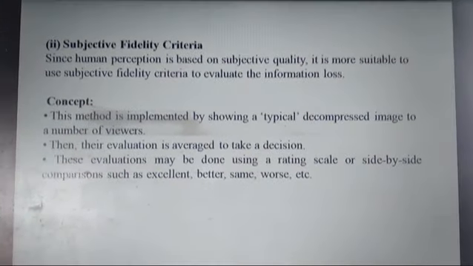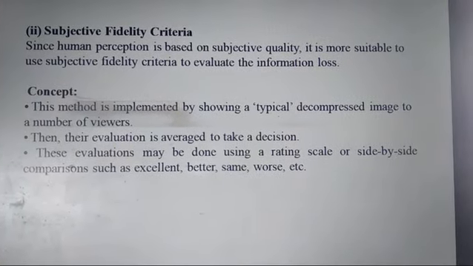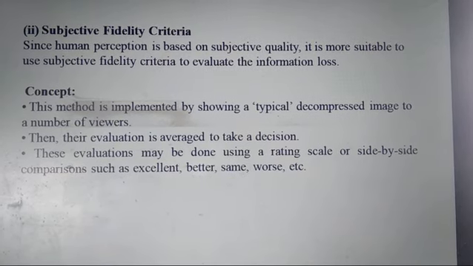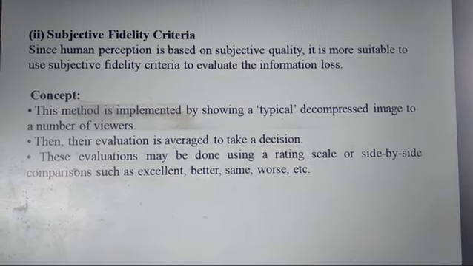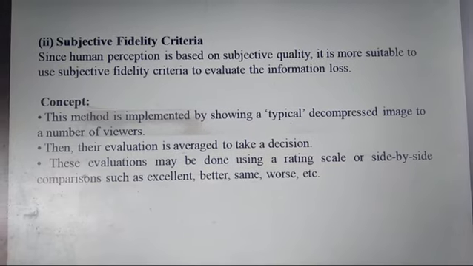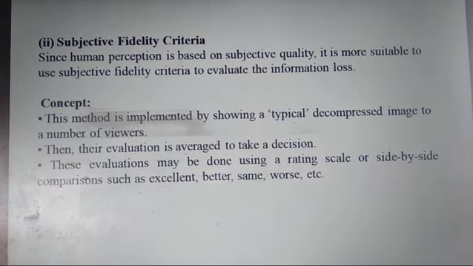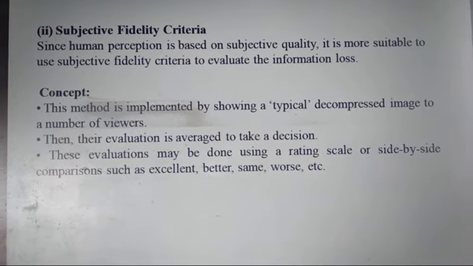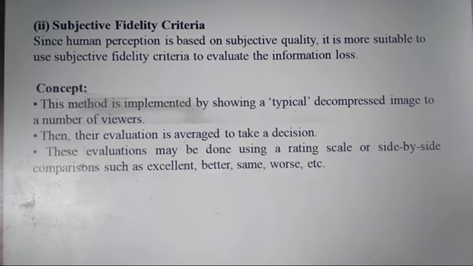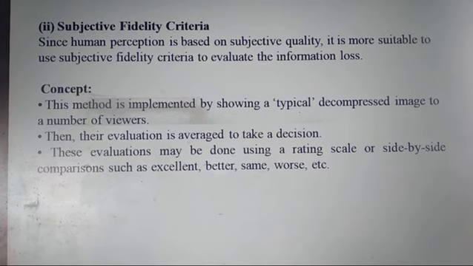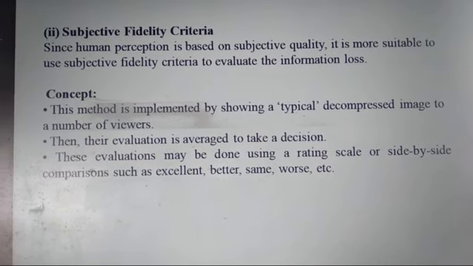Next is the subjective fidelity criteria. Since human perception is based on subjective quality, from all the information the human eye gives importance only to some part of the information. So it is more suitable to use subjective fidelity criteria to evaluate the information loss.